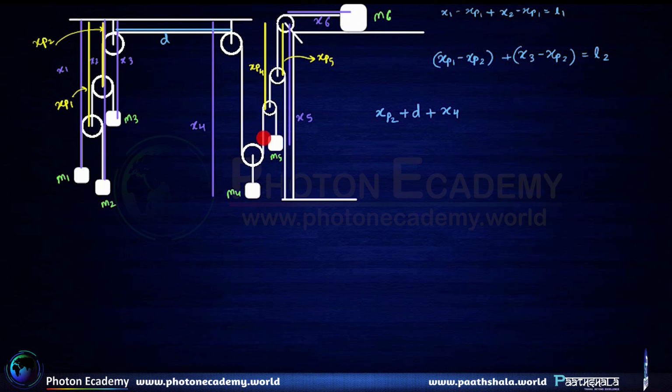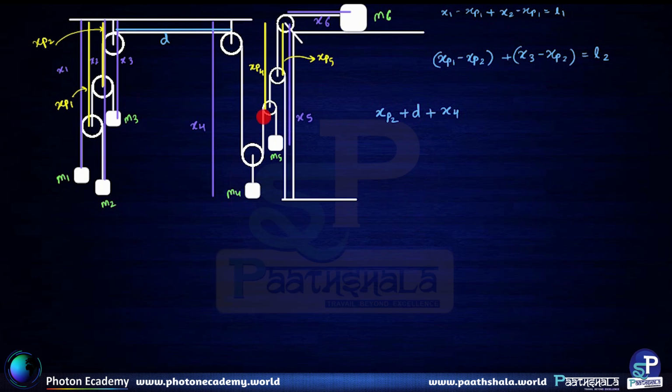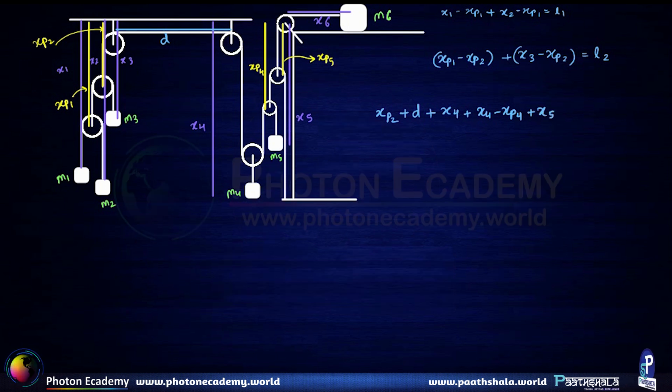This much part of the length of the string happens to be x4 minus xp4 plus x4 minus xp4, and then this much part of the length of the string happens to be equal to x5 minus xp4 plus x5 minus xp4. So this happens to be L3. So this is the length of this particular string that goes like this.